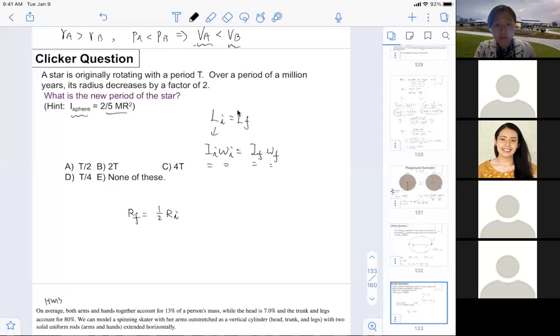Okay, so the size becomes smaller, which means I final is going to be what times I initial? What fraction is our new rotational inertia?